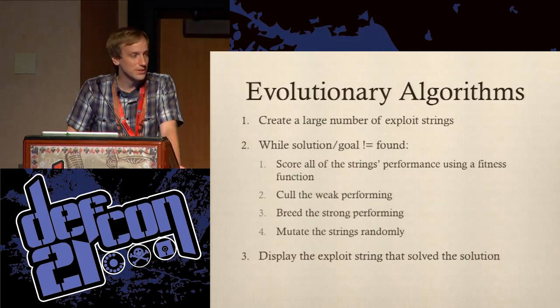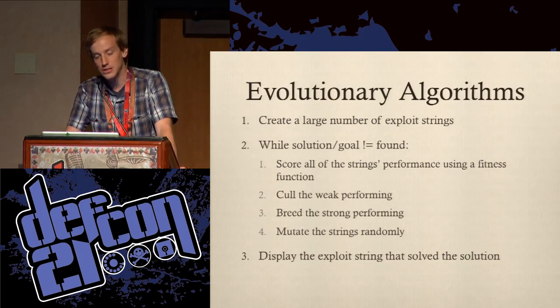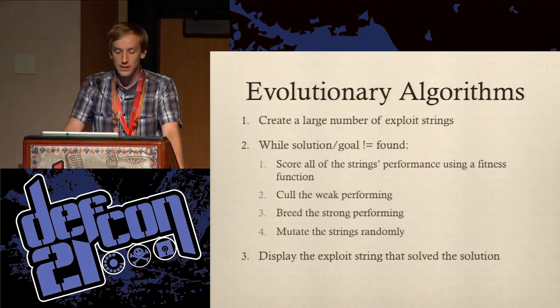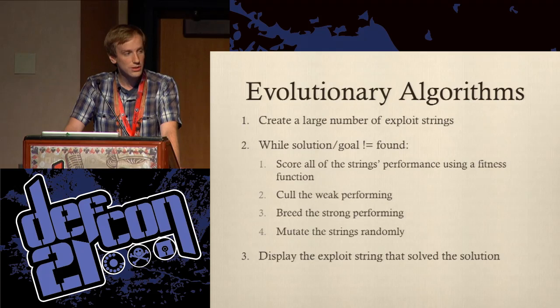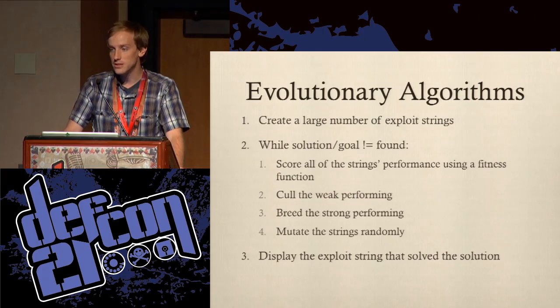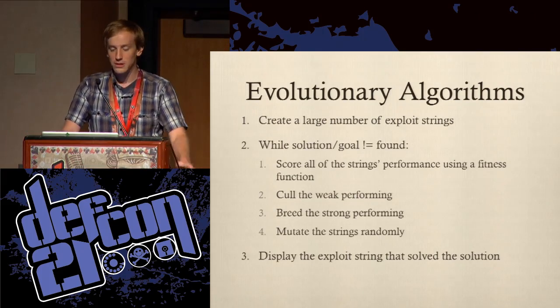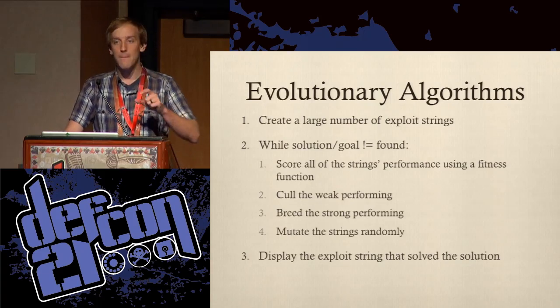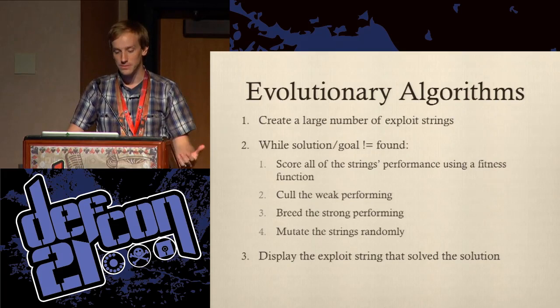So what is a genetic algorithm? Essentially, you create a large number of things, in this case exploit strings, and you look for a certain solution that these things will provide, in this case an exploit. Then you score all the strings' performance using some sort of fitness function. We'll get into that later, but it is a way of determining, using numbers, that this is a better injection string than the previous one.